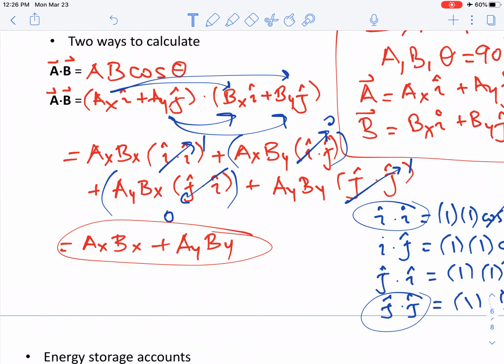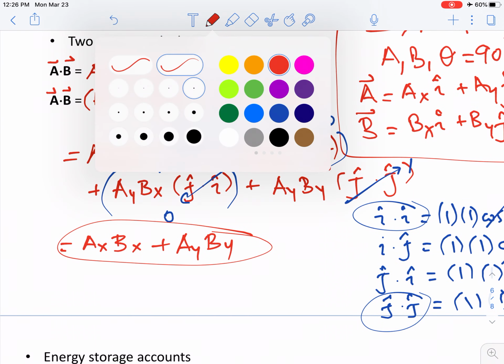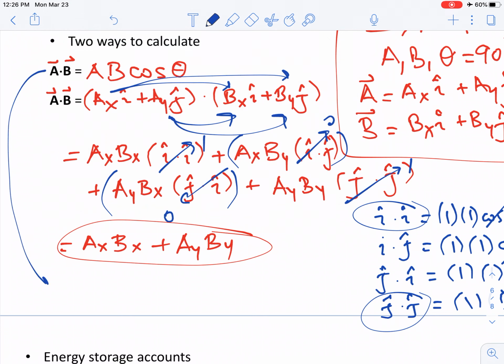One more thing here that I want to add is about finding the angle. We had some clicker questions. Please go back to them if it is not clear. So to find the angle here, if you first write cosine theta, what do you get? It is a dot b divided by ab, right? That would mean theta is inverse cosine of this whole thing.